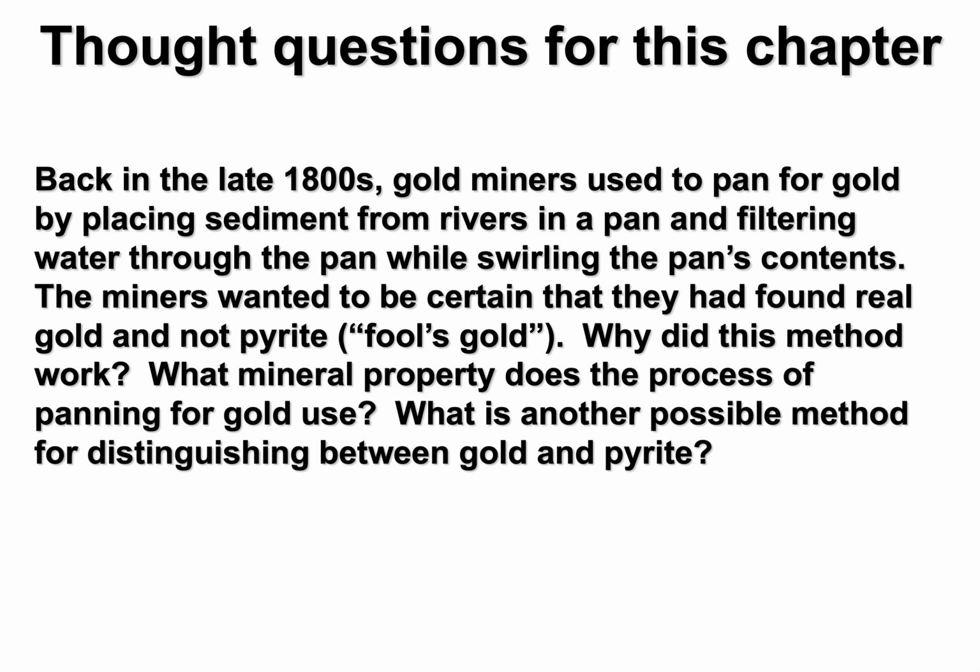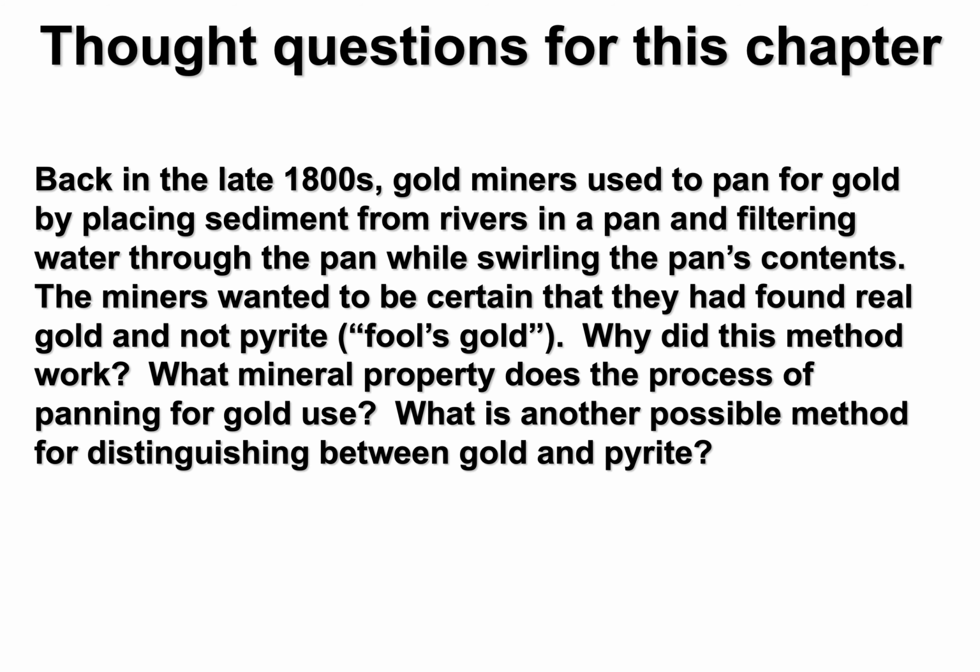Back in the late 1800s, gold miners used to pan for gold by placing sediments from rivers in a pan and filtering water through the pan while swirling the pan's contents. The miners wanted to be certain that they had found real gold and not pyrite, and pyrite is called fool's gold.